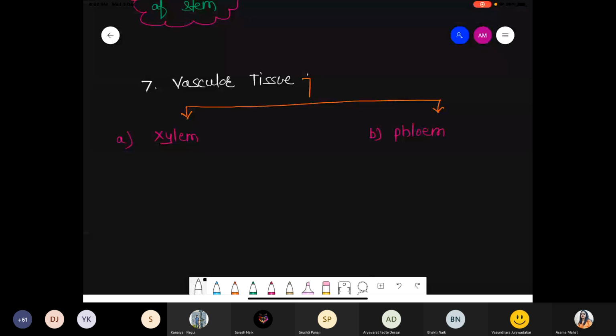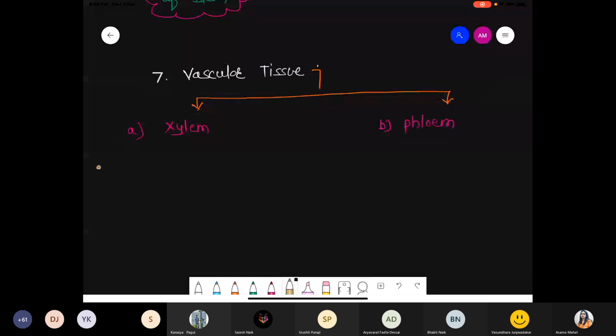So we are talking about some cells which are a part of the xylem. Under the xylem it is divided into different cells, right? So under the xylem we have to discuss one cell, that is tracheids.